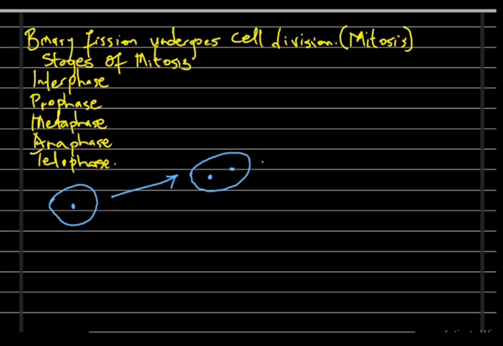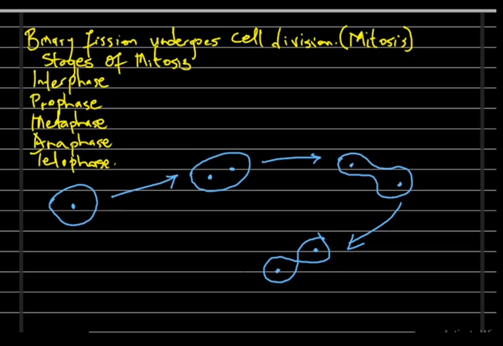After that it goes into another process where the cell nucleus is now moving into opposite ends of the cytoplasm or of the cell membrane, and then we have a total collapse of the cell membrane in the middle, which leads to total division of the 2 cells, and then it forms what looks like this.